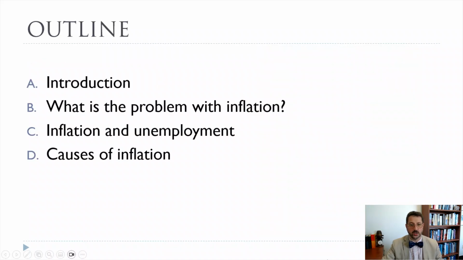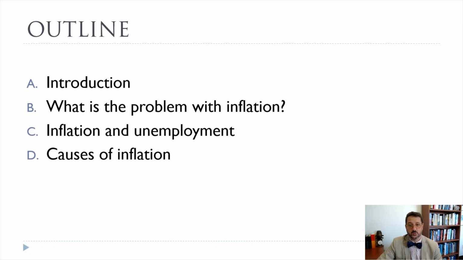All right, so we'll start out with an introduction. That's what this video is. Then we'll go into first a measurement of inflation, how we measure inflation in general. There are actually lots of different measures of inflation. And then, what's the problem with inflation? Why do we want only 2% inflation rather than 4 or 5% inflation? And why don't we want 0% inflation? That might seem like the best option.